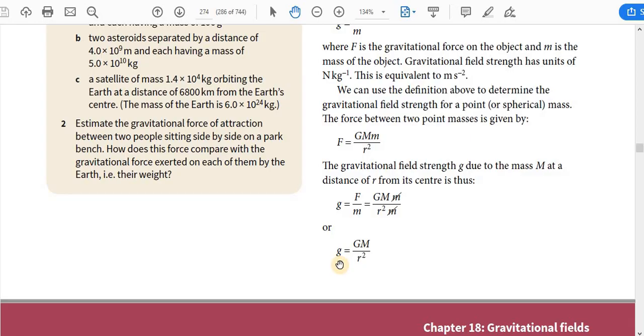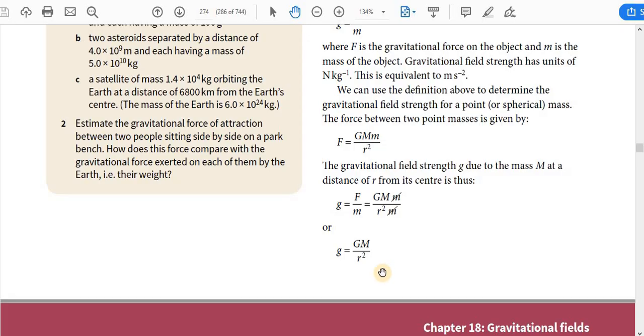Therefore we can say the gravitational field strength is the universal gravitational constant G times the mass of, let's say, the earth in the example of the stone and the earth, and then r squared is the distance between the center of the earth and the center of gravity or center of mass of the stone. So again, r is the distance between the centers of mass of the two bodies.